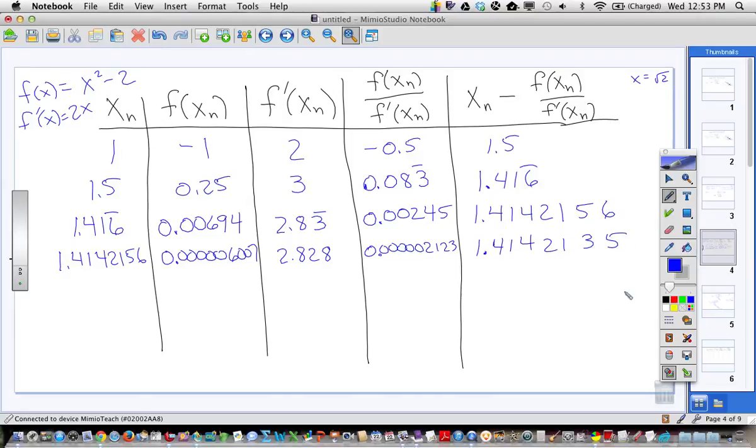Okay. All right. Now, how many decimals of agreement do we have there? We got 5 of them, right? And so we feel confident that our answer is accurate here out to 5 places. So we feel good about square root of 2.